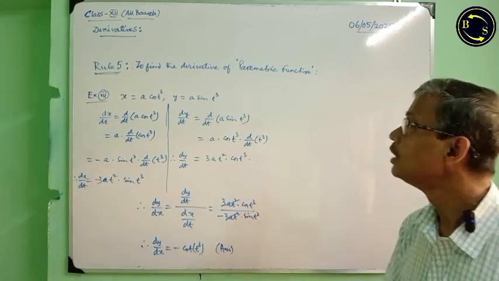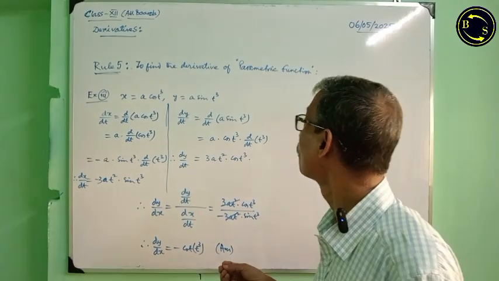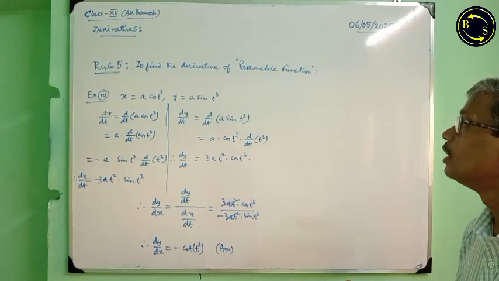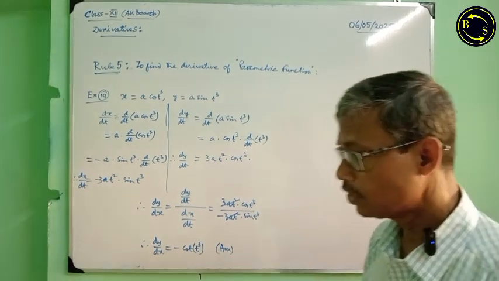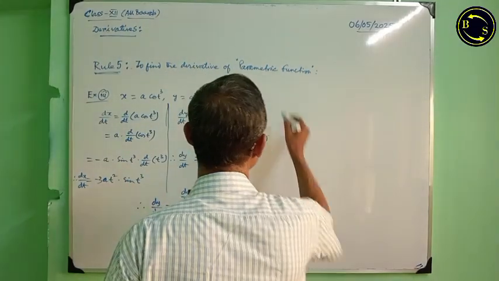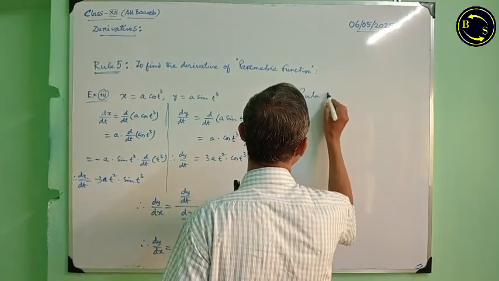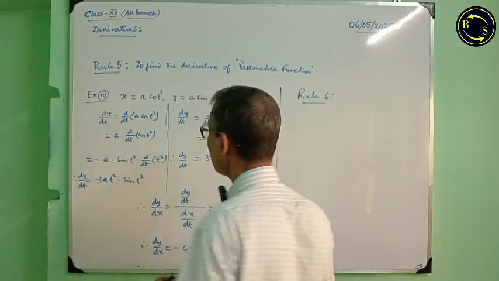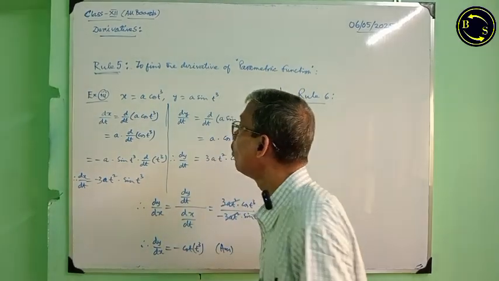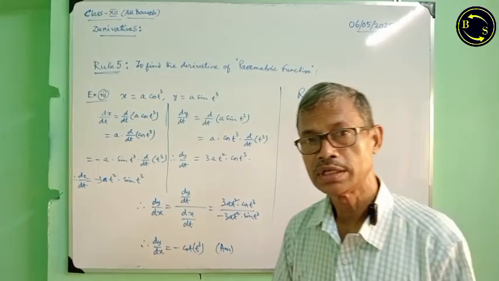Next, we have another function or another form where we have to find the derivative. I call that rule 6. We find the derivative of a function with respect to another function.